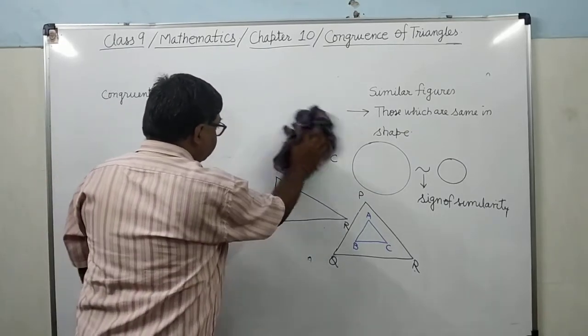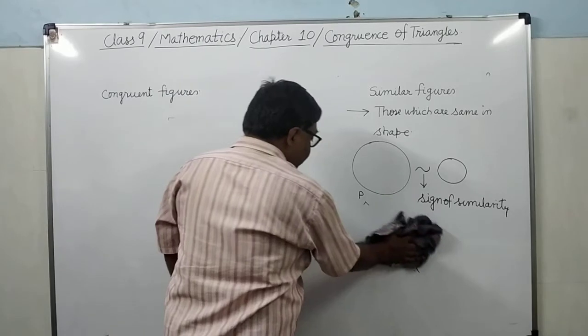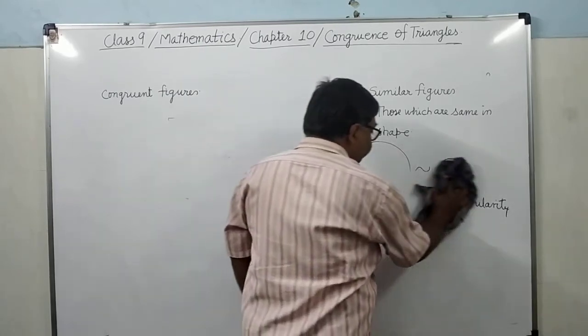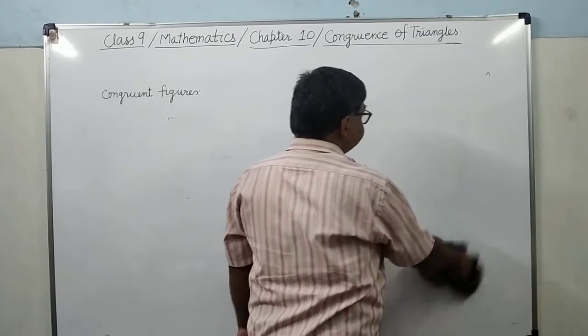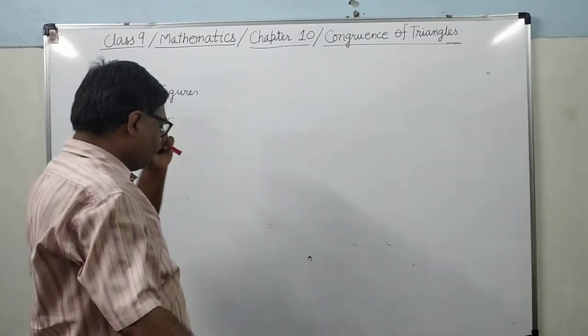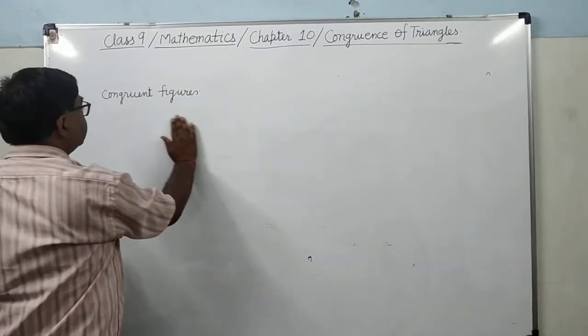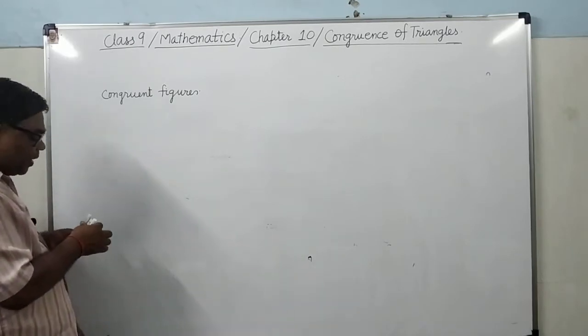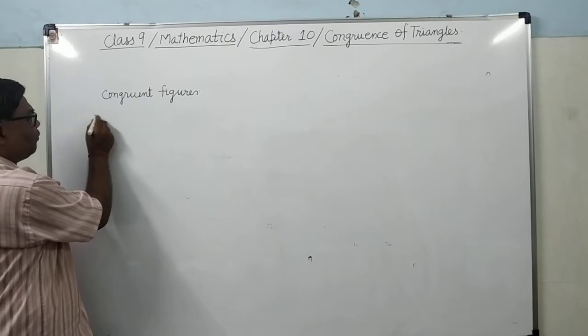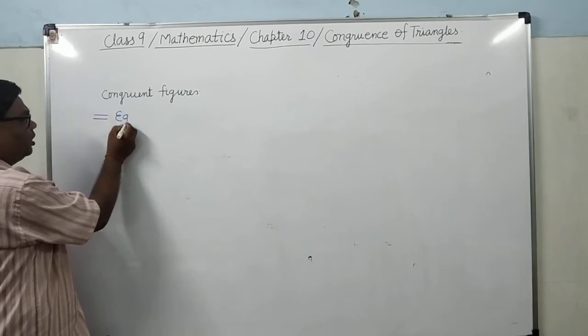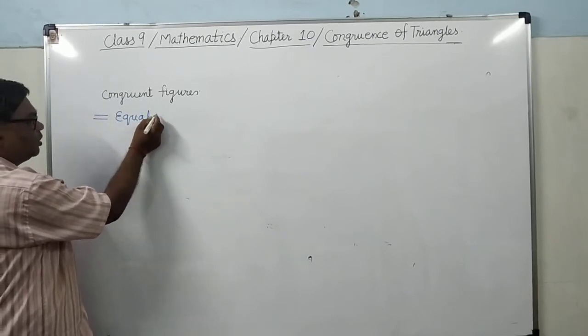It is clear? Now for being equal, they should be same in shape as well as in size. Now what is the meaning of congruent figures? Congruent figures means equal figures.